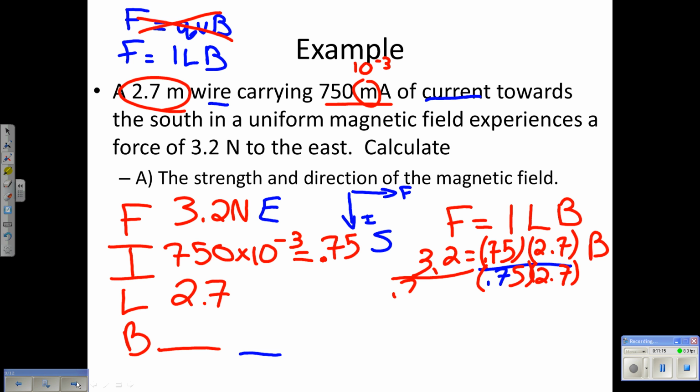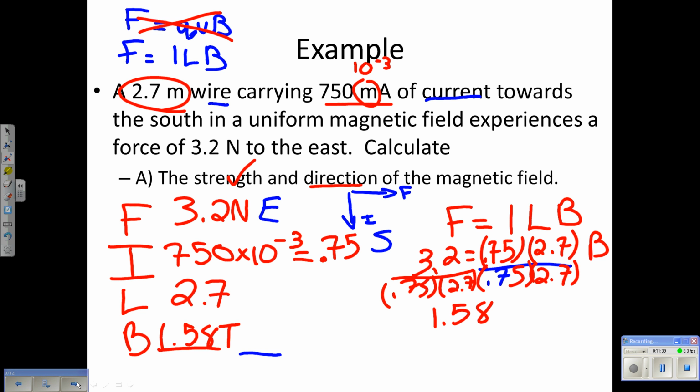We have to divide both sides by it. So this one works out to be 3.2 divided by 0.75, and then we divide that by 2.7. We get 1.58. So 1.58 Tesla is the strength of the magnetic field.